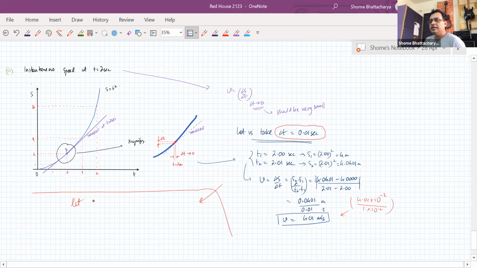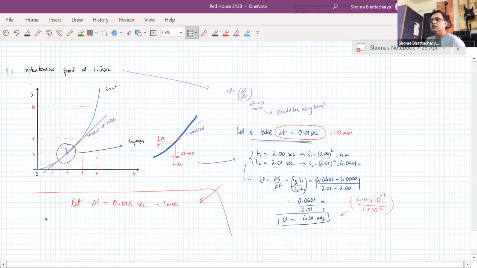Achha, now let's take the second case where I take delta t as even a bit more accurate. So I take it as 1 millisecond. Instead of 10 milliseconds, I take it as 1 millisecond. This one was 10 milliseconds. So I'm a little bit more accurate. Okay.